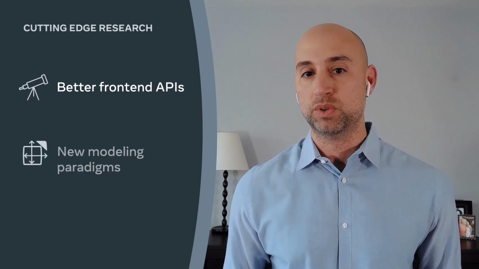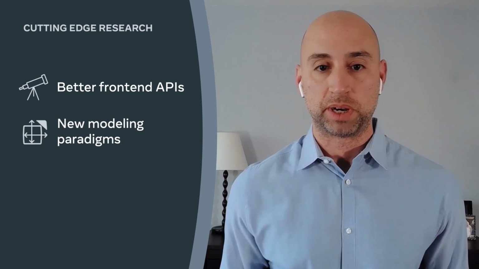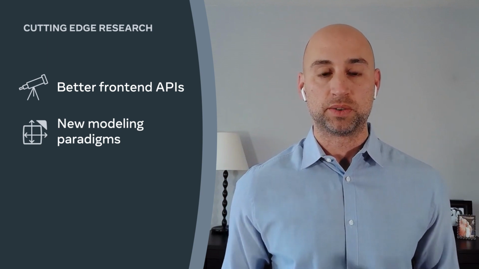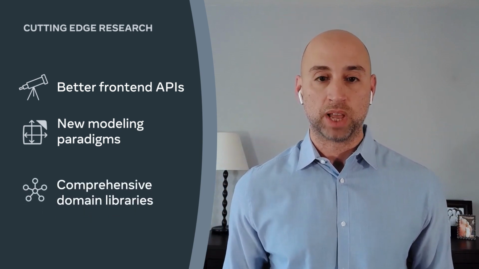So how do we invest to achieve this? Well, we start by enabling cutting-edge research in the first place. This includes things like developing front-end APIs and new modeling paradigms. If anyone is familiar with GPT-3 or newer transformer models, we're finding that these actually can propagate to other parts of the field and turn into new products. We also need a comprehensive set of domain libraries.